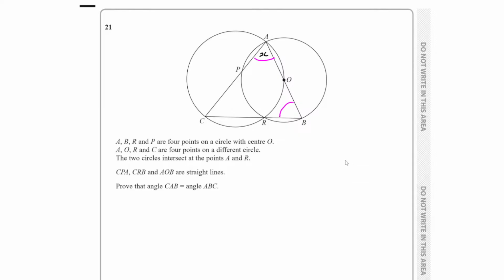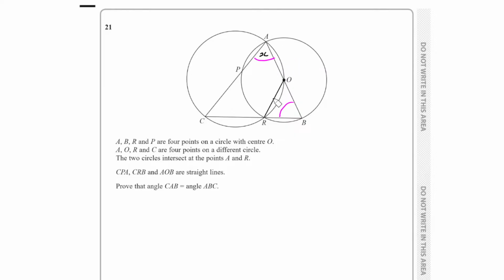What was this? This is only 4 marks actually, it's not even a 5 marker. Let's see. So I might draw a line here. It's really hard to visualize this one with the circles overlapping.